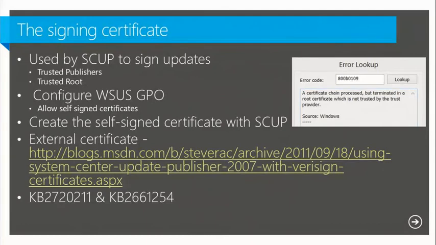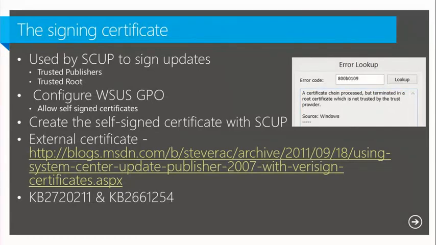One other important note to talk about regarding certificates: there have been a lot of changes in the Windows Update certificate structure over the last year. All of these are outgrowths of the Flame fiasco last May. KB 2720211 is an update to the WSUS server, and in addition to upgrading the Windows Update agent and changing some of that functionality, it also modifies the WSUS certificate process to create 2048-bit certificates instead of 512-bit certificates.